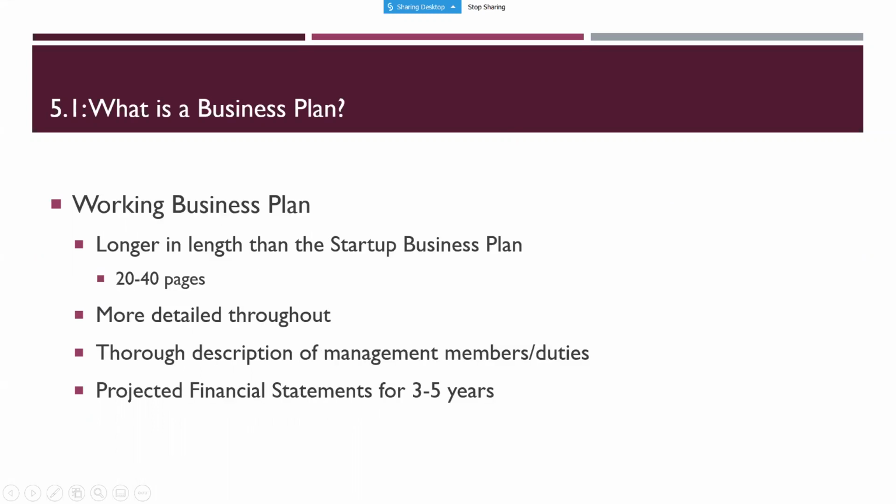So the working business plan, that's what we're going to talk about. It's really what all of section 5.2 is about, and most of the remaining sections of the chapter. Excuse me, my knee's popping. So generally 20 to 40 pages. I think it's long, and it is more detailed throughout.